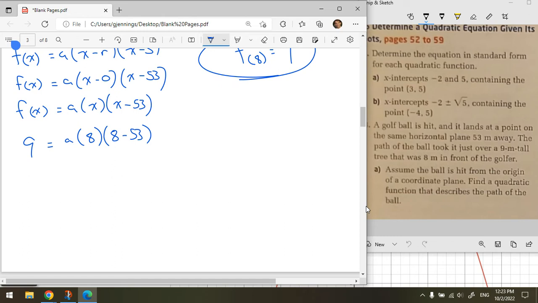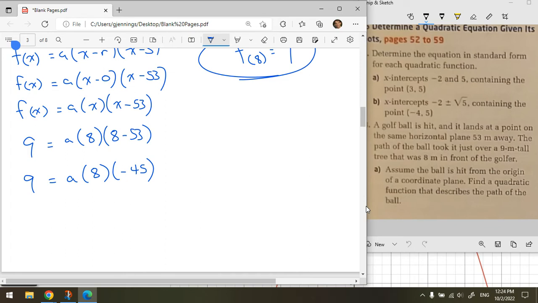So I'm expecting some a value that's between -1 and 0. Okay, so 8 minus 53 gives me -45. And that's going to share factors with 9. That's nice. a multiplied by 8 multiplied by -45. 8 times -45 gives you, is that 180? -180? Am I right? I don't think I'm right.